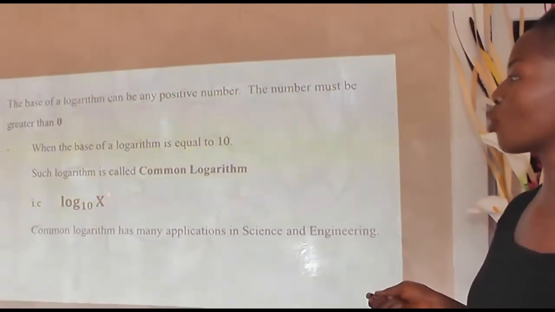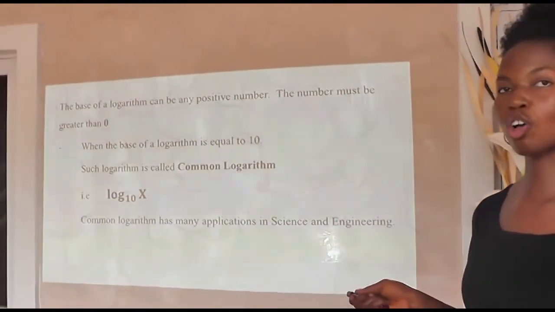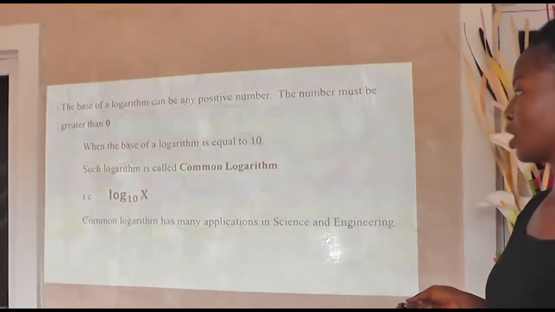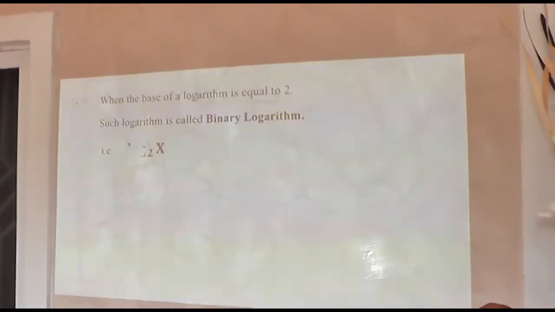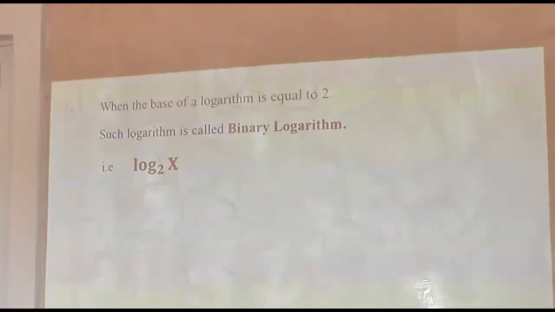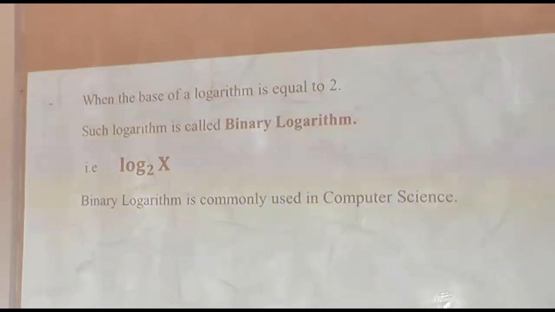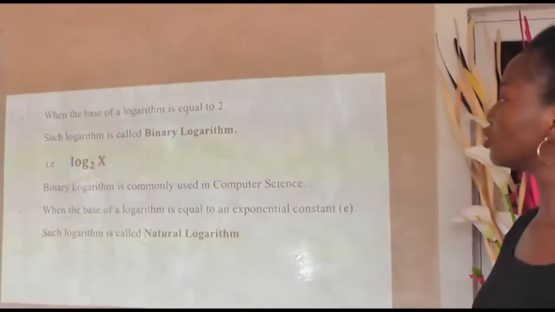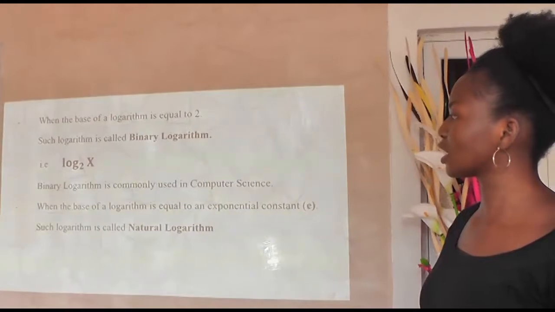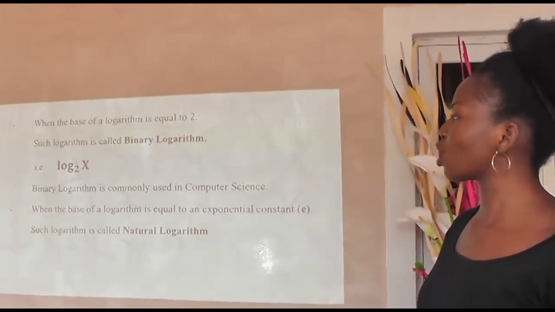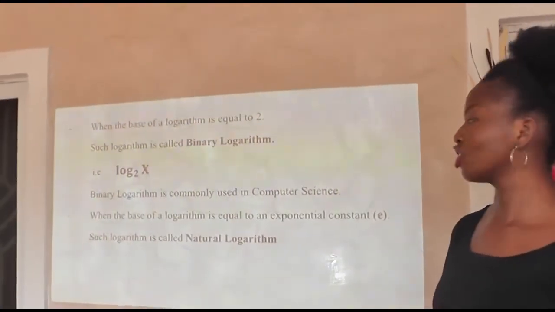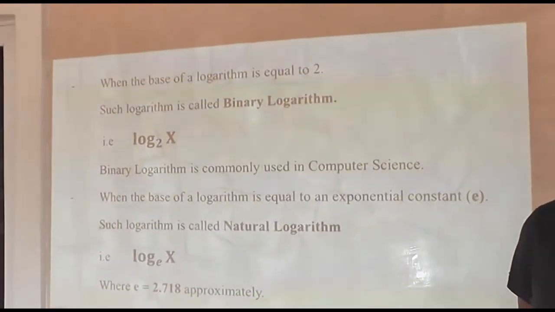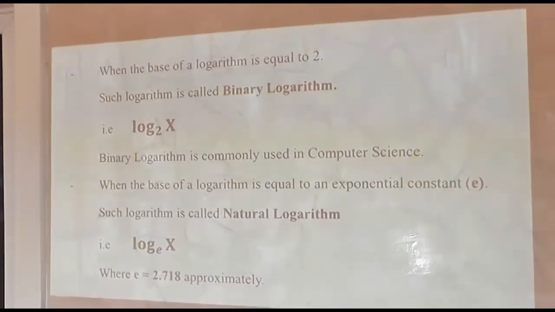But when we have a logarithm to a base of 10, it is called common logarithm. There is also binary logarithm, where the base is equal to 2. In this class, we are going to be looking at the common logarithm. When the base is equal to an exponential function, it is called the natural logarithm. For this class, that is not our focus. We are looking at the common logarithm.